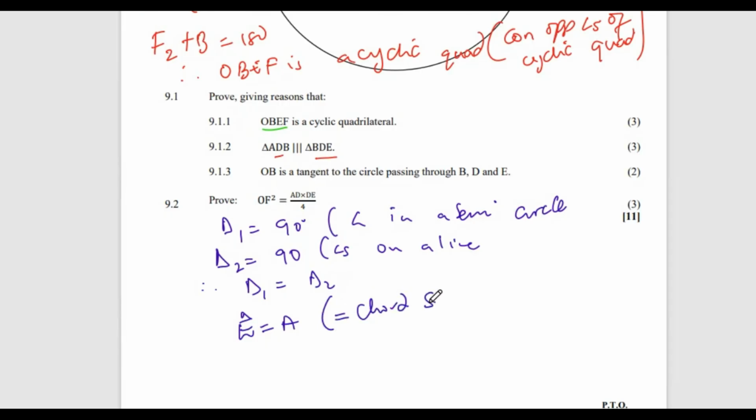There's nothing like that. You can just say angles opposite equal sides. I don't know. What would be the best reason? D1 is D2, that's fine. Okay, I'll take that out.